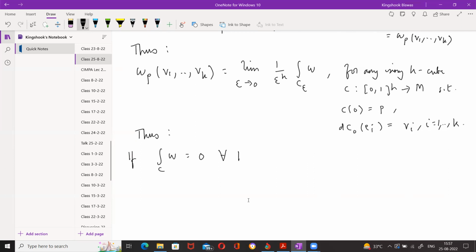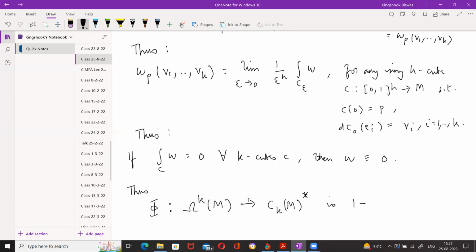So what do we have therefore? We have that this linear map from the space of k-forms to the space of k-cochains is one-to-one.